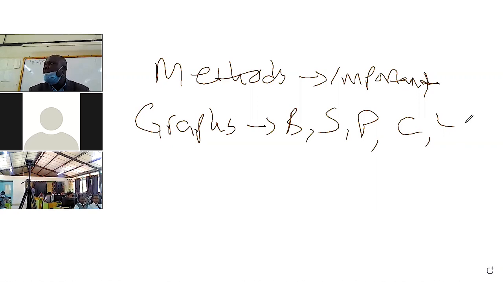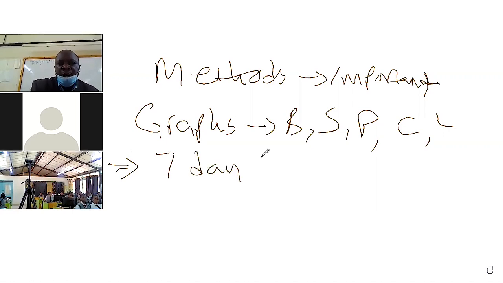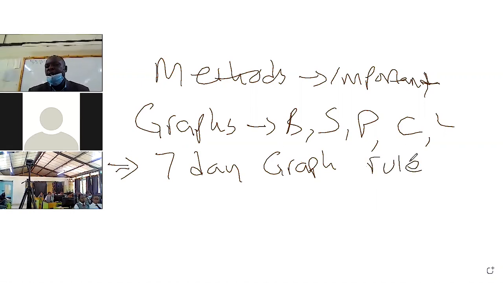And since we have so many graphs, you can organize what we refer to as the 7-day graph rule, whereby you work out graphs from Monday up to Sunday.